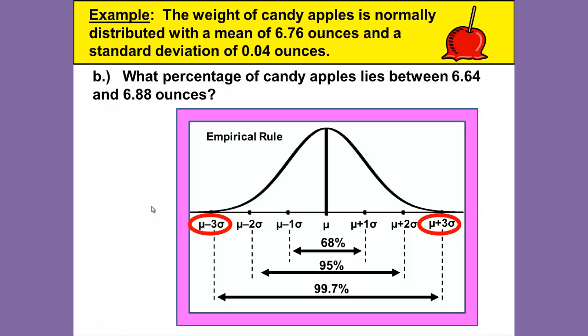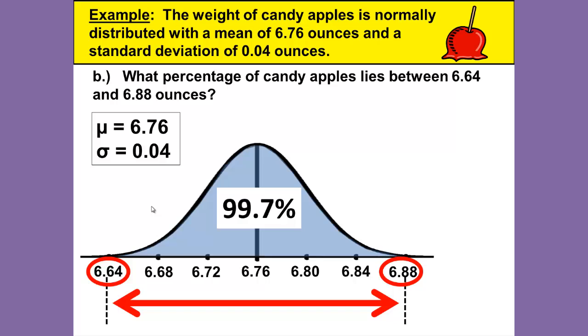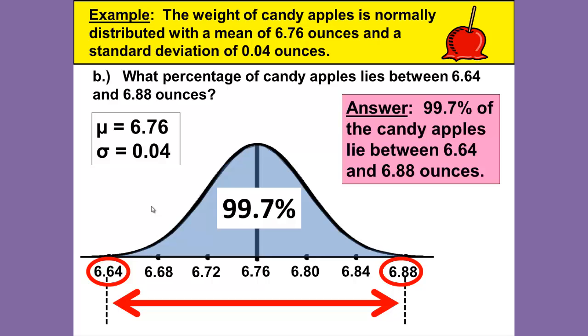Since we know they're 3 standard deviations from the mean, that tells us our answer is 99.7. So we can come back and put our 99.7 in our graph, and we know the answer then is 99.7% of the candy apples lie between 6.64 and 6.88 ounces.